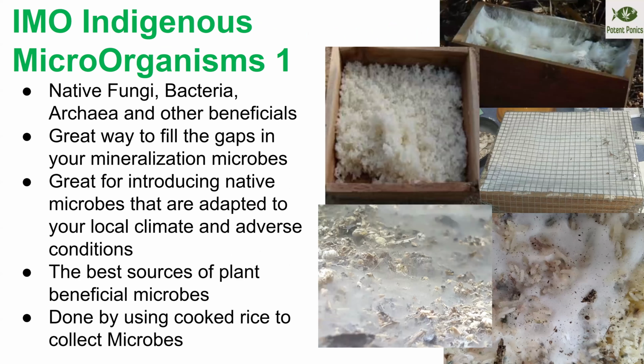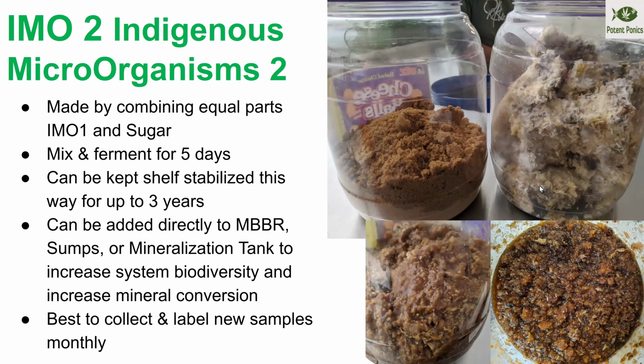So in IMO 1, you put out boxes of cooked rice into the forest and collect all of the fungi and other things that will benefit your plants. Once it's fully colonized, we mix it with equal parts sugar until we get this wonderful mix here. Then we utilize that in order to fully mineralize our system.